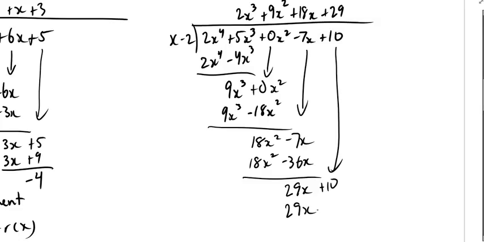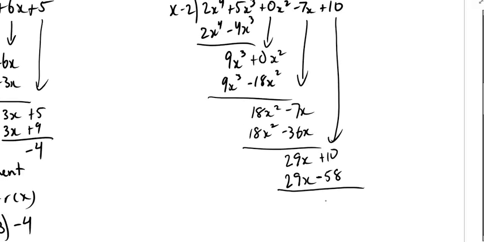And 29 times negative 2 is negative 58. 10 minus negative 58 looks like 68.